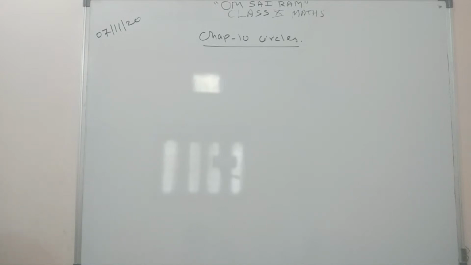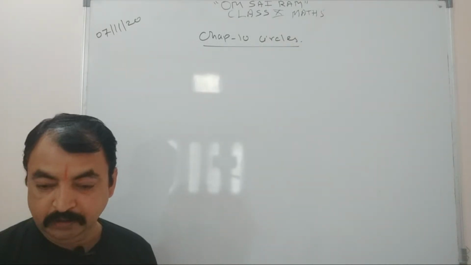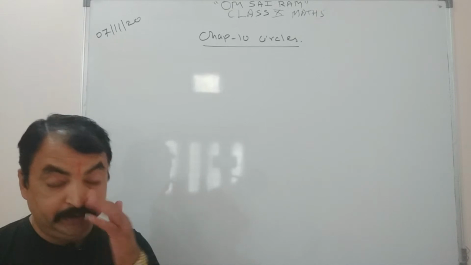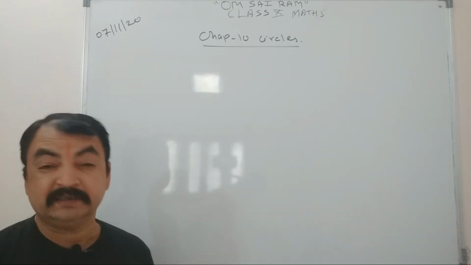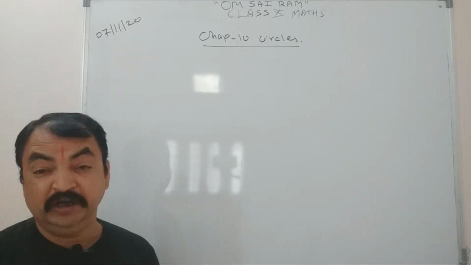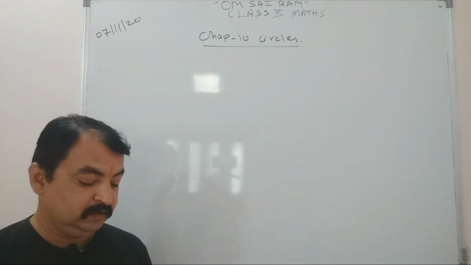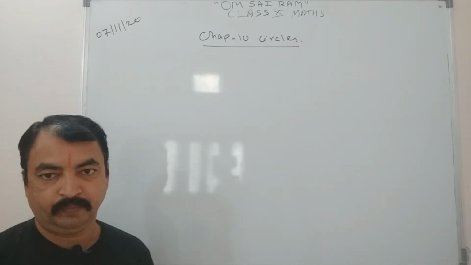All of you just be ready with your NCERT textbook, children, because meanwhile you may need the textbook to refer to the questions. Okay, so the important points which we have already discussed in the circle chapter are the tangent and the secant.